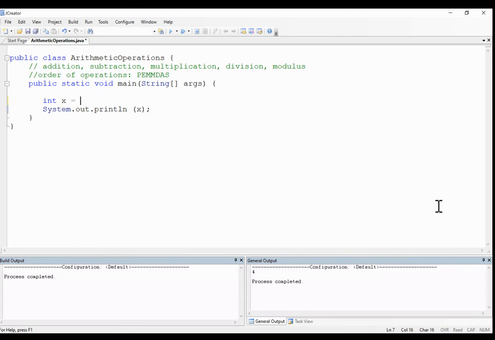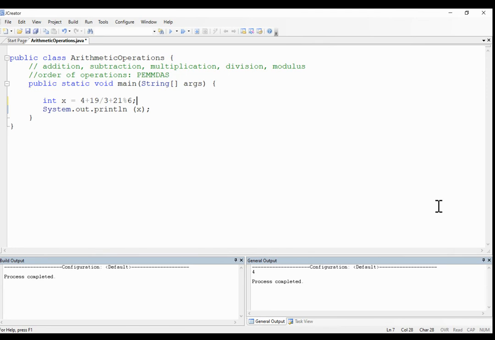So for example, if I have an expression, whatever it is, let's say 4 plus 19 divide by 3 plus 21 mod 6. For example, let's say we have this expression.